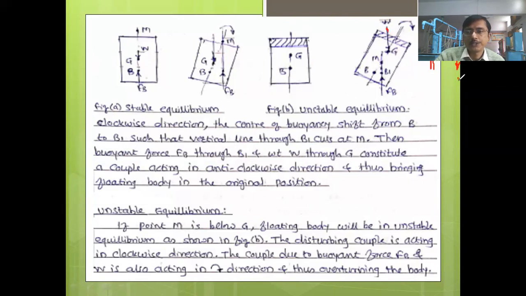The magnitude of these two forces is also the same. So that's why we are calling it a couple. It is W and it is FB. Both are the same, but direction is different, and they are acting along two different lines of force, which are separated by, let us say, x.